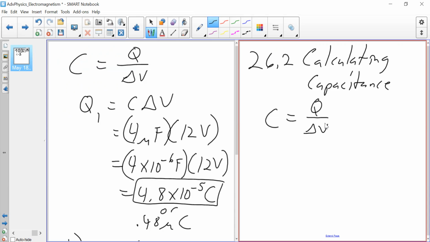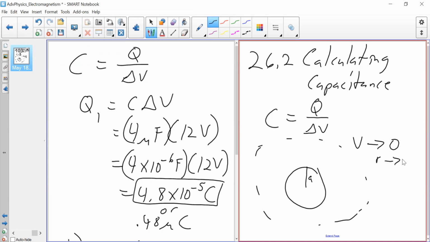Let's say that we had a spherical conductor, something like this, and we know that the potential at the surface and the inside is going to be the same, as we learned last time. Let's say this is radius A, and it has a potential related to its radius A. Then somewhere some infinite distance away, the electric potential is going to be equal to 0 because R goes to infinity.